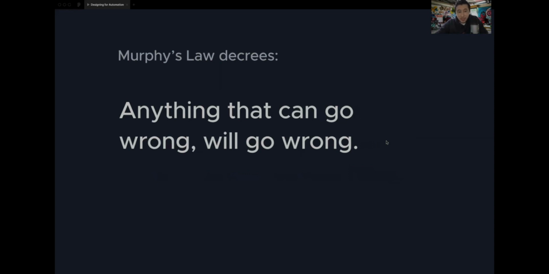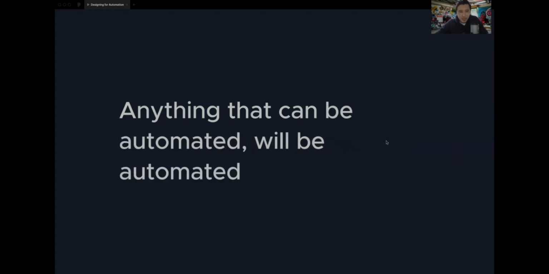It means if there is more than one way to do a job, and one of those ways will result in disaster, then somebody will do that job that way. Here we can rephrase Murphy's law: anything that can be automated will be automated.